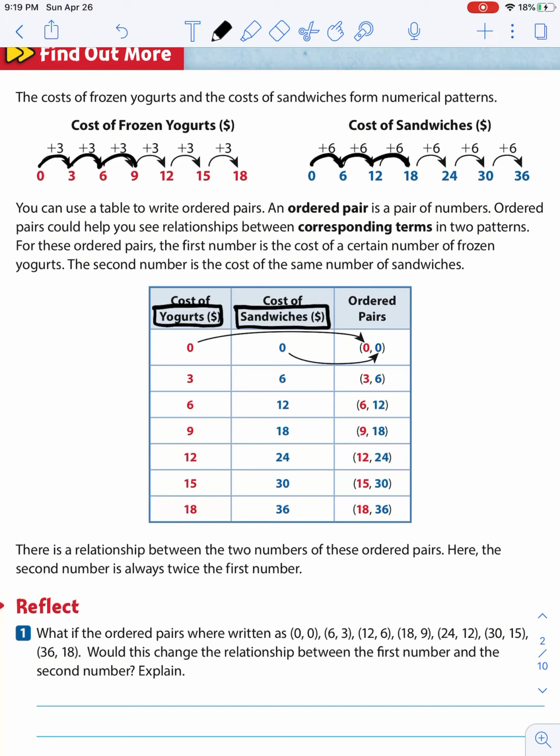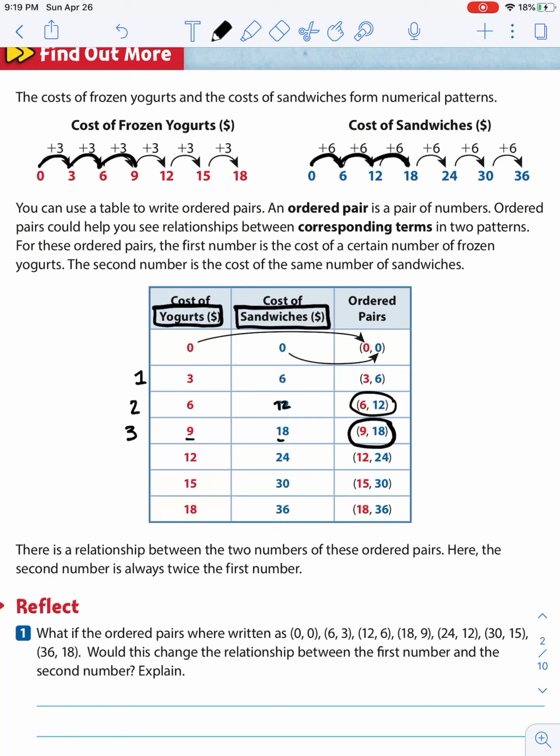So if you had one frozen yogurt, it would be $3, and one sandwich, it would be $6. Two yogurts would be $6, and two sandwiches would be $12. Three yogurts, $9, three sandwiches, $18. So as an ordered pair, those are the way that it comes out to look.